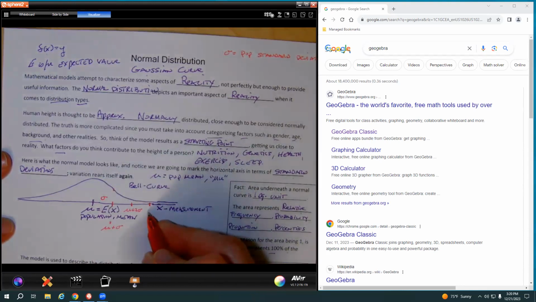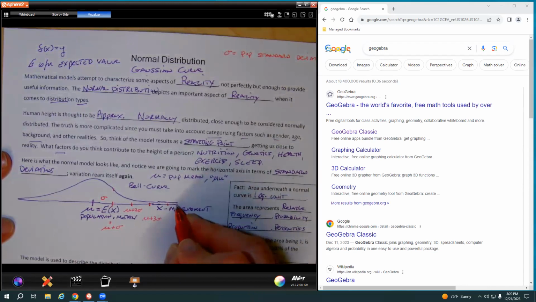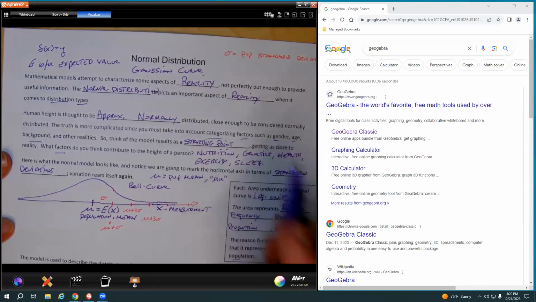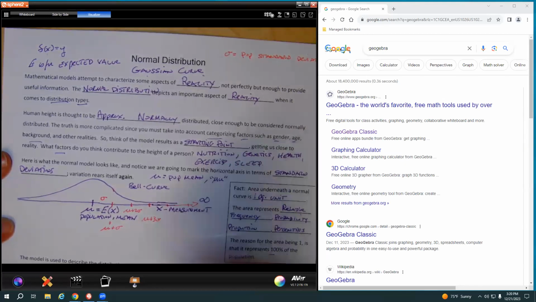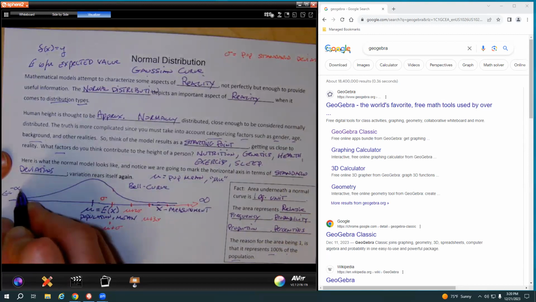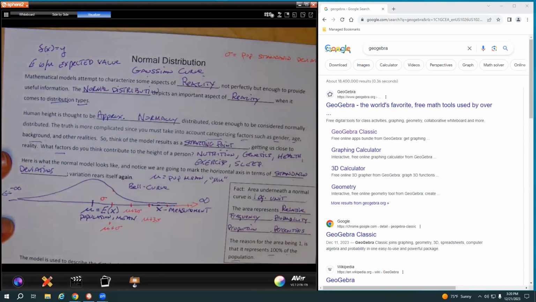If I go one more, it's mu plus 3 sigma. And of course, I can keep going, 4 sigma, 5 sigma, and so on. This has no ending. It goes out to positive infinity, and on the other side, it goes out to negative infinity. Again, it's never ending.